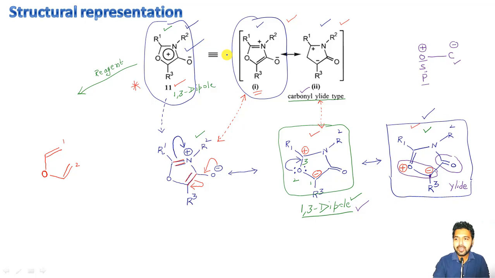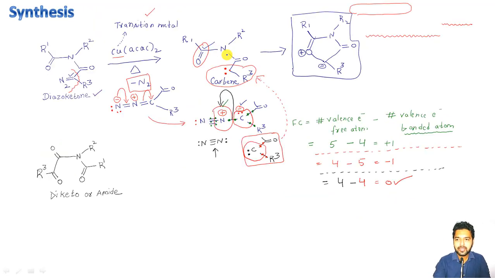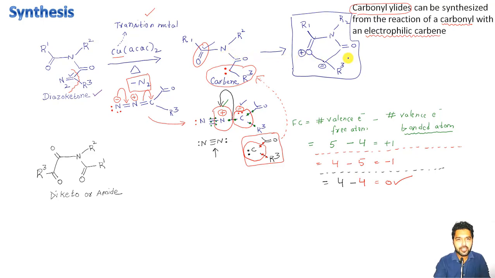So now I can write here that this thing which I have just synthesized on this slide is my 1,3 oxazolium 4 olate, okay?